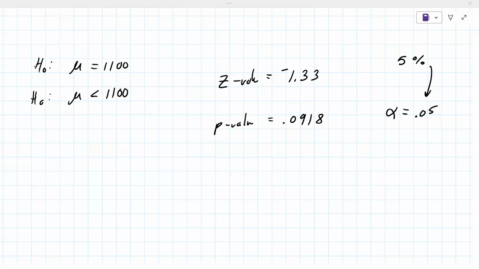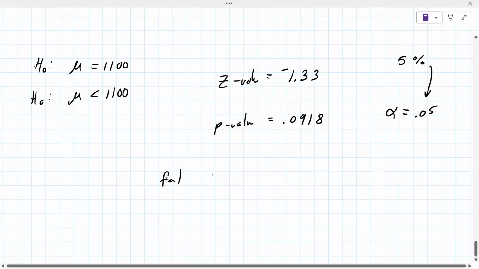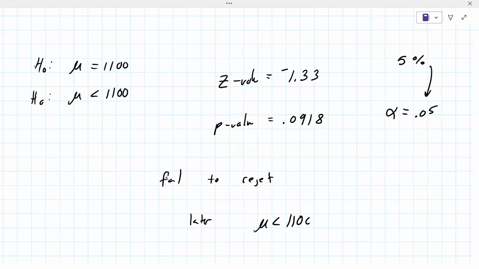Fail to reject. Good. And let's say later on you find out that the mu actually is less than 1100. Is that a type 1 or a type 2 error? Type 2. Good.